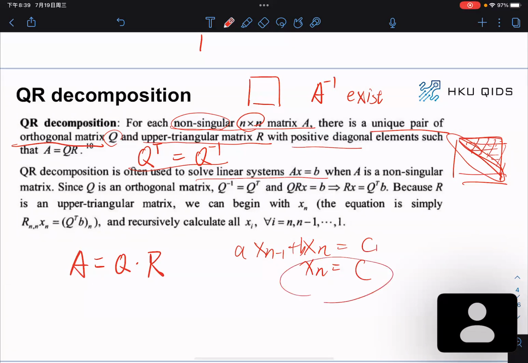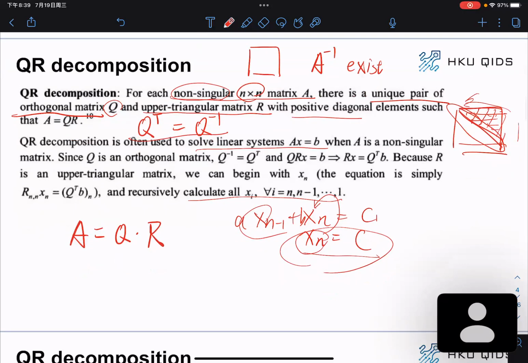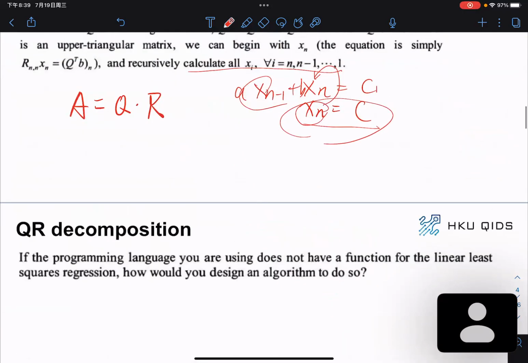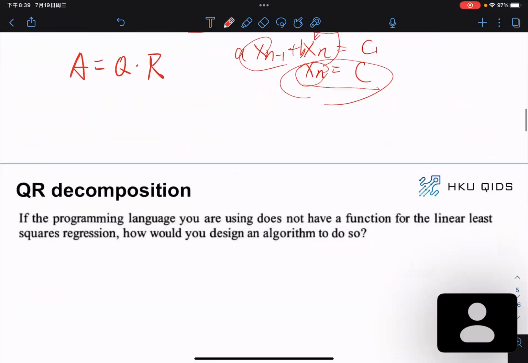Because by the last row we already know xn equals this, we can just put the value of xn into that, and we can solve xn minus 1. And we can go backward until the first line to solve all the elements. And it is going to be quite fast and convenient. To calculate the complexity, it's going to be a linear one.